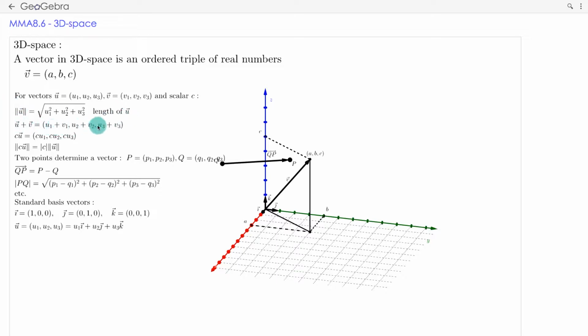If you add U and V, you just do as before, only you have a third component. Scalar multiplication is the same as before, only you have a third component. This identity still holds.